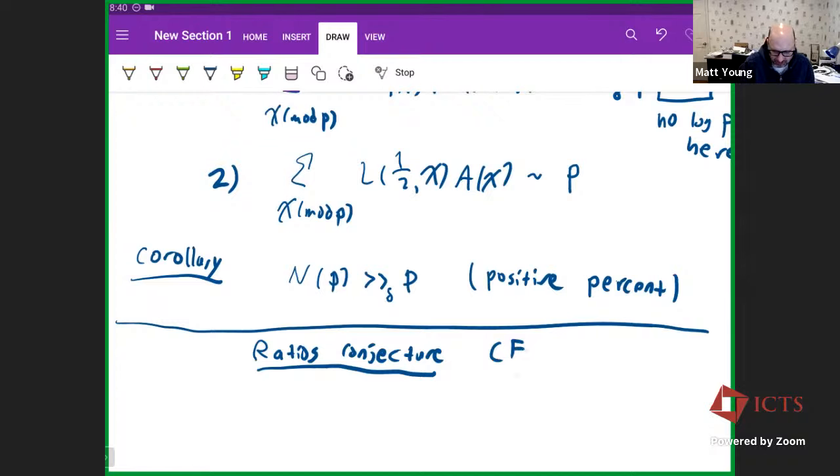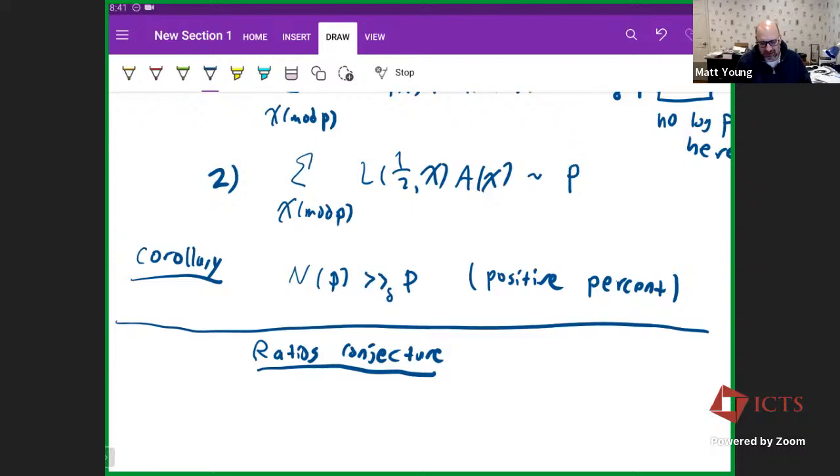I can't remember all the authors. There's the integral moments conjecture, that's CFKRS. That's the easy one for me to remember. And then there's the ratios conjecture, and I think Zirnbauer is a part of it, and I don't remember who all the authors are, so I apologize for that.